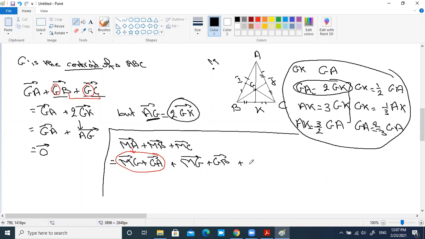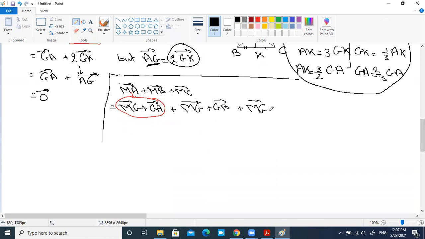And the third one also G, MG plus GC. Right. So insert point G, point G, point G. Now we will have MG plus MG plus MG. What do you get? 3MG.